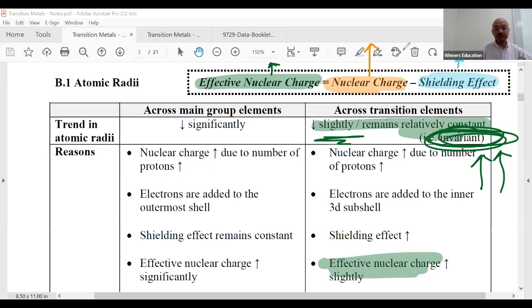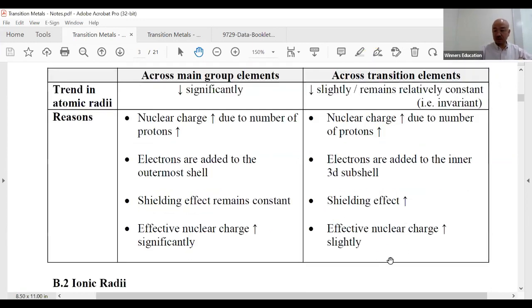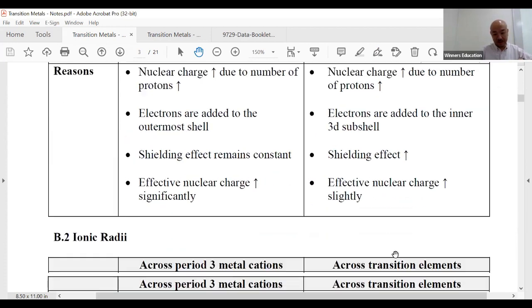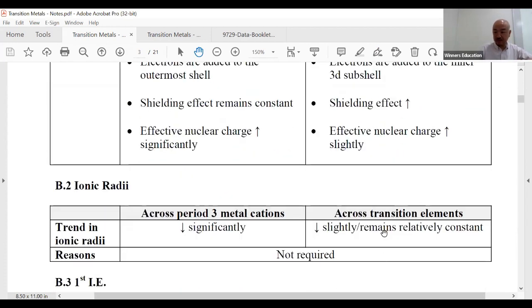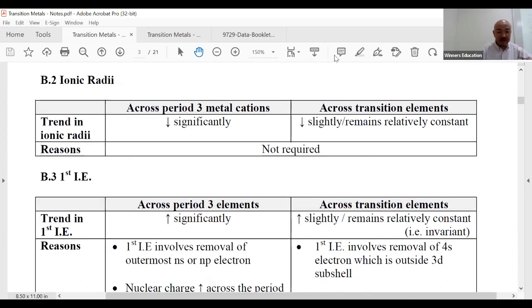So once again, done. Across the transition metals, across the S block, and then compare them, S block versus transition metal. There is a trend, and everyone should be very clear. Ionic radii have always been like that. We talked about this before. The idea is the same, right? So it's just ions. If not, everything else is the same. As you can see, period 3 decreases significantly.